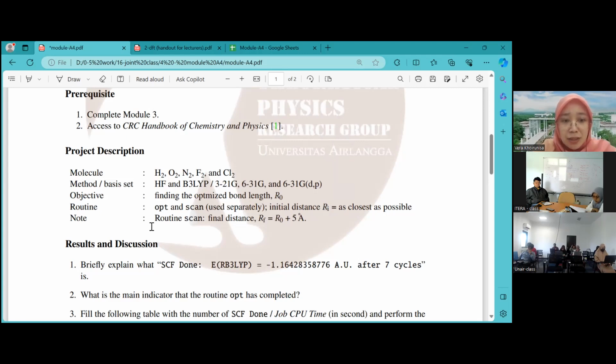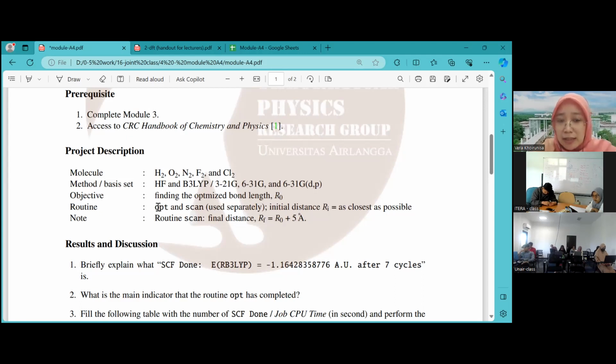And then there is a note here. I think it is clear for OPT, but for the routine scan, the final distance is not R0, because R0 is the one that we want to find. So this is the R initial. So R final is R initial plus 5 angstrom.